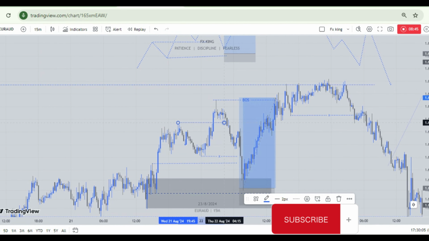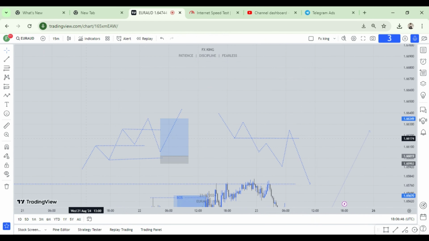So let's look at another example. In this next example, we'll see a more complicated order flow and how you can refine order flow. Coming over to a more complicated order flow, we have something like this.